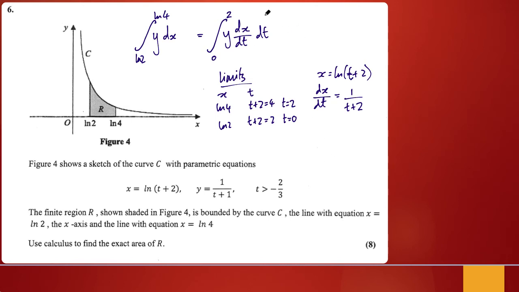So I'm now ready to substitute all of that in. My area equals the integral from 0 to 2 of y, which is 1 over (t plus 1), times dx by dt, which is 1 over (t plus 2), with respect to t.